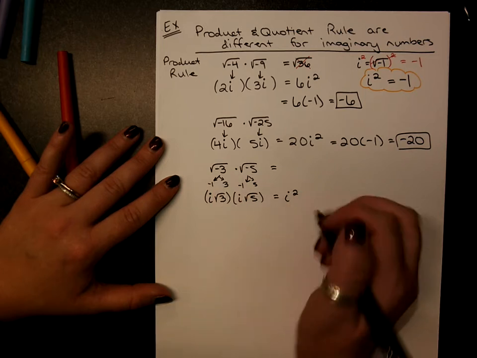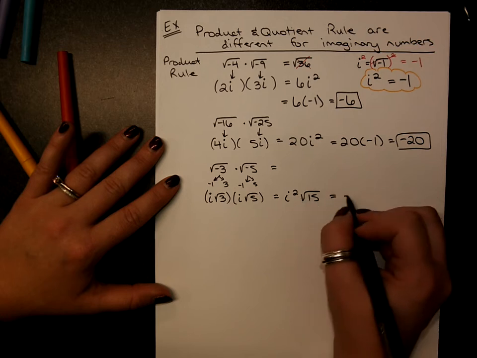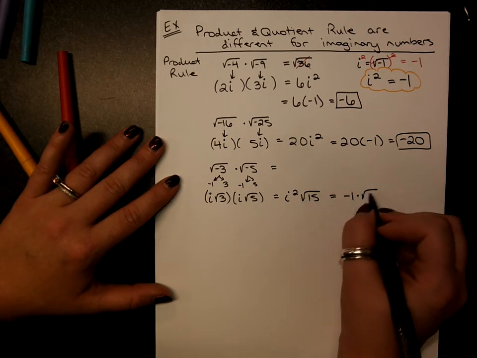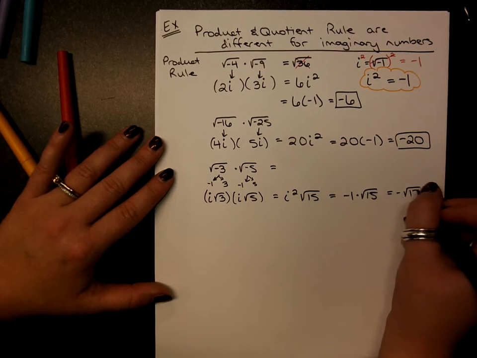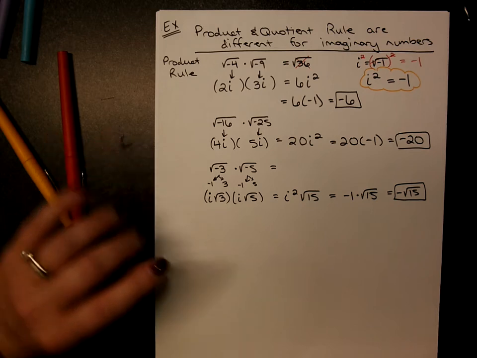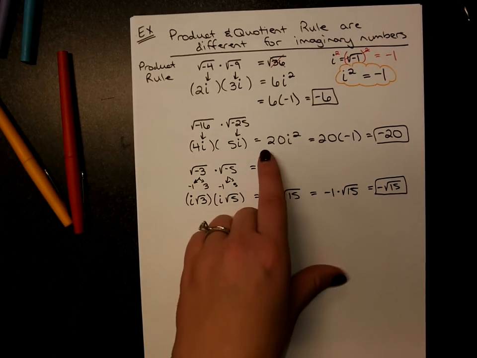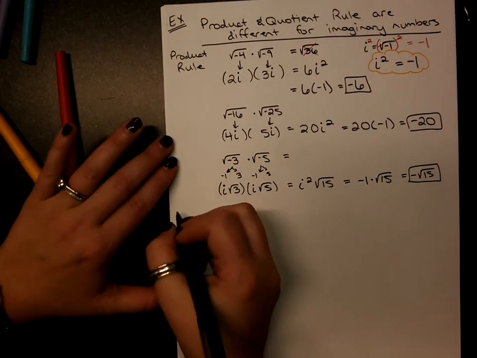Radical 3 times radical 5 is radical 15. Now remember, i squared is negative 1, so it becomes negative 1 times the square root of 15, which is negative radical 15. So work these out carefully. Don't try to jump straight to the answer. I show these little steps on purpose so that you don't get lost.